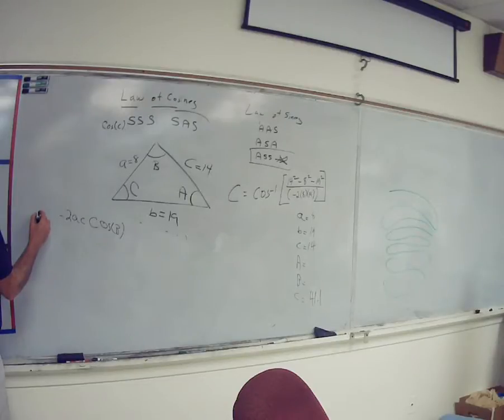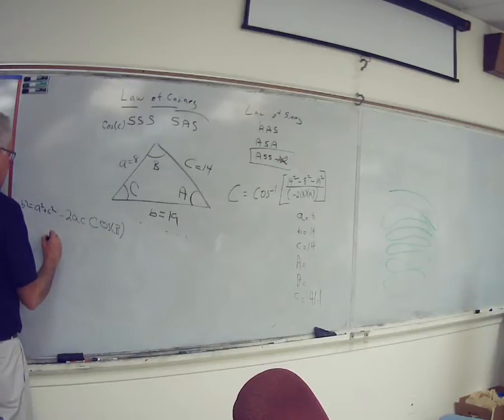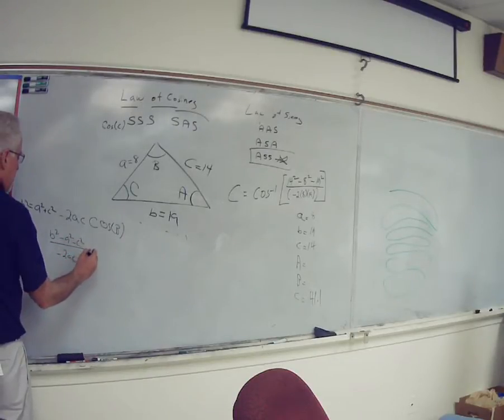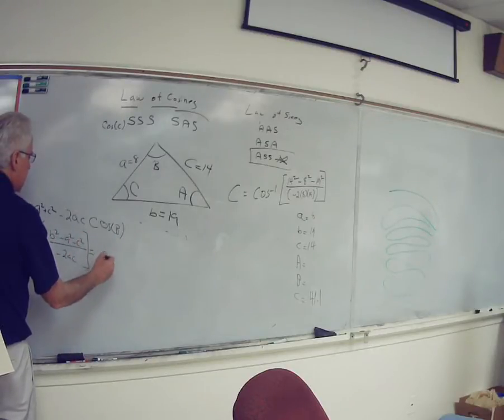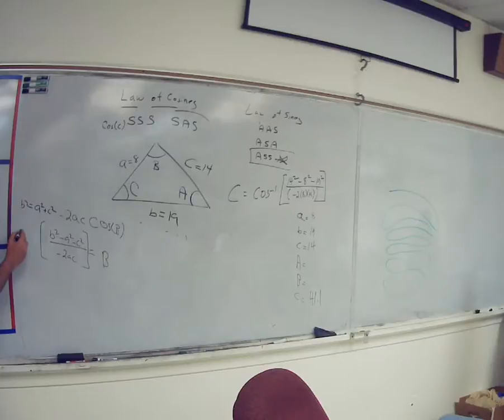A squared plus C squared. A squared plus C squared is equal to B squared. Do you see how? Does that make perfect sense? Okay, so now we're going to say B squared minus A squared minus C squared over negative 2AC is equal to, okay. And now if I want to make this just B over here, what do I need to put here?